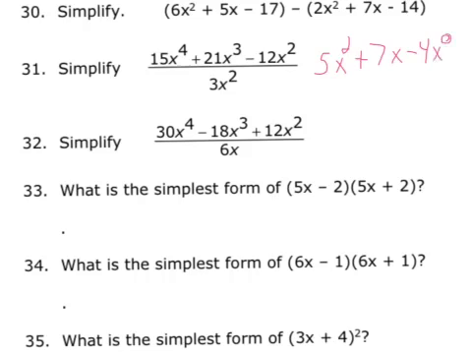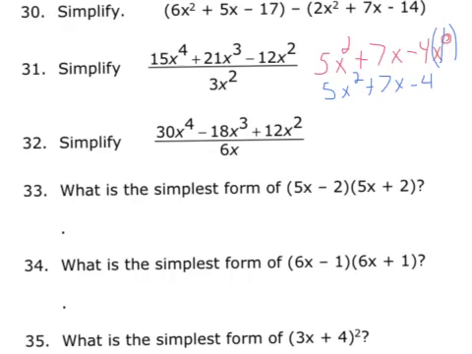And remember, we don't want a 0. We would change that to a 1. So we get negative 4 times 1, which is still negative 4. So our simplified answer would be 5x squared plus 7x minus 4.